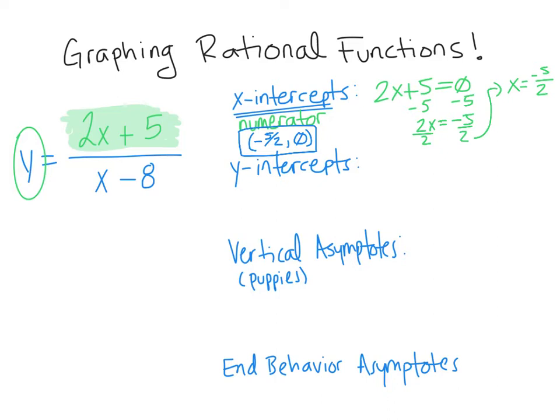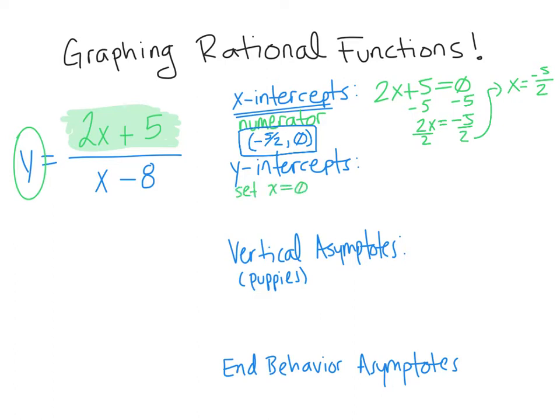Okay, so the y-intercepts happen, if you recall, when the x value is equal to 0. So the only way we can actually do that on this function is to set x equal to 0.